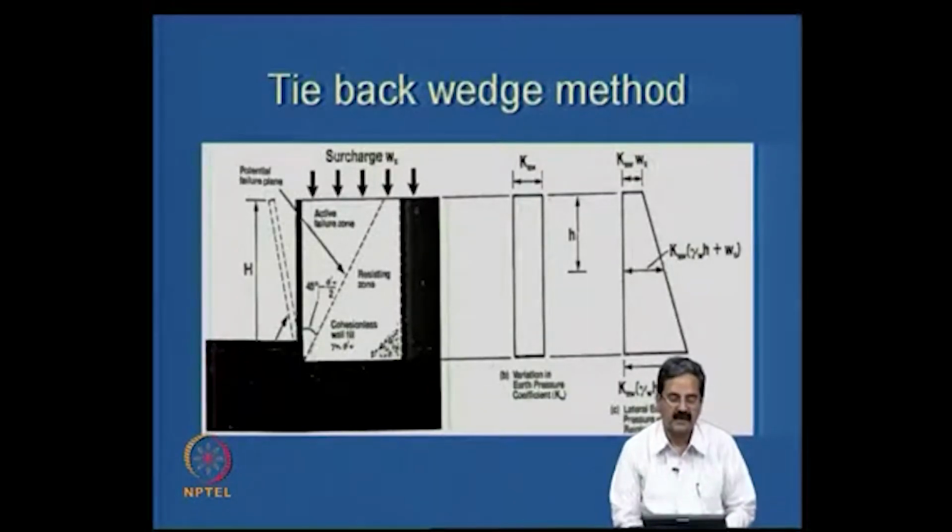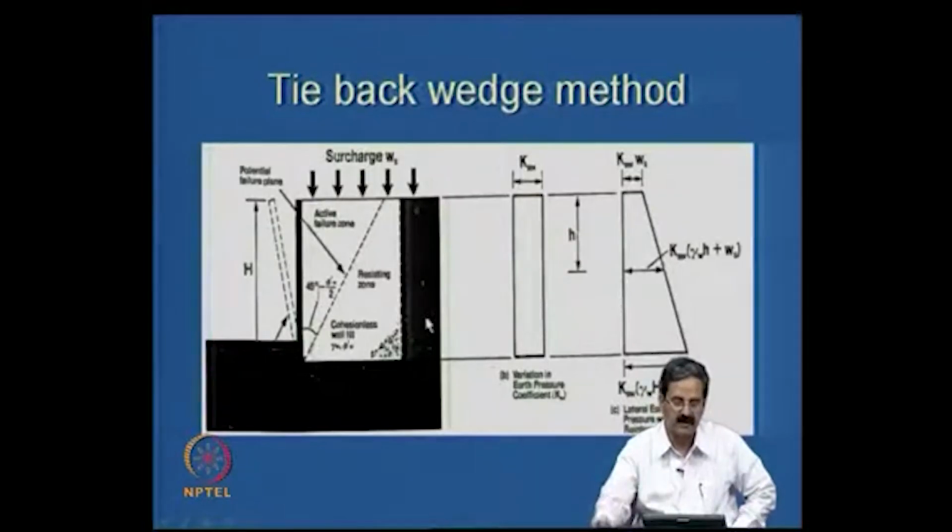So this material, like you put a geotextile, say, for example, we later put some geotextiles here, and then there will be some deformation, because of which there will be an active condition. So we assume that the lateral earth pressure variation is as in this diagram.